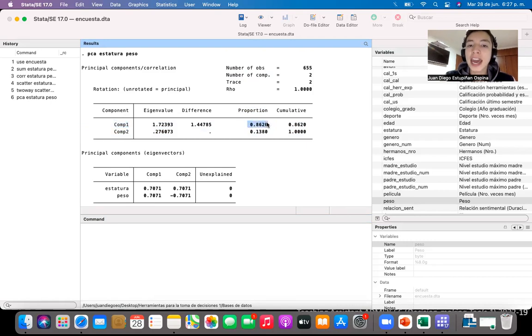So we can assume that the first component captures 86% of the total variance from those 2 variables, and the second component represents a lower percentage of variance.